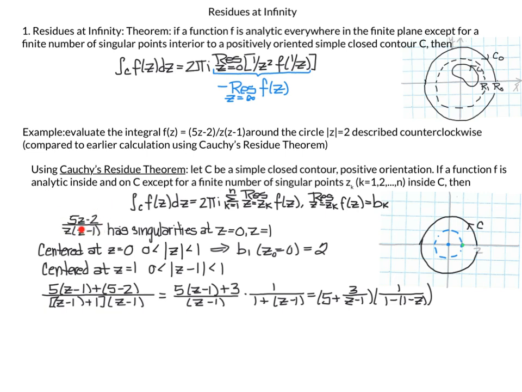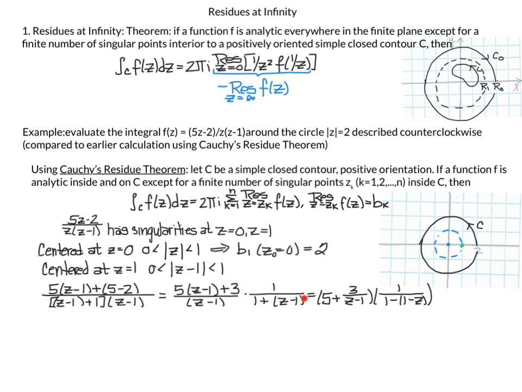Down here, this z minus 1, that's good, but this z also needs to become a z minus 1. But when I do that, and I multiply this, that means I'm going to have this extra minus 1 times z minus 1, which means I need to add another term of 1 here. So this is z minus 1 plus 1. This came from this z, but I wanted the z to have the z minus 1 form.